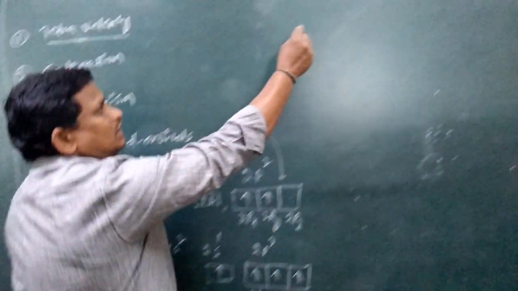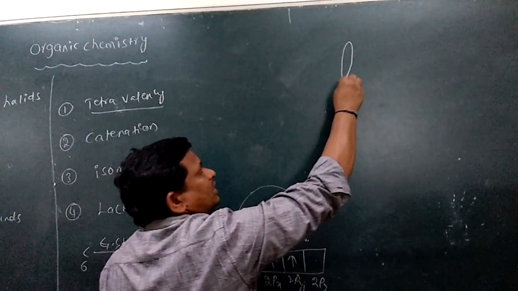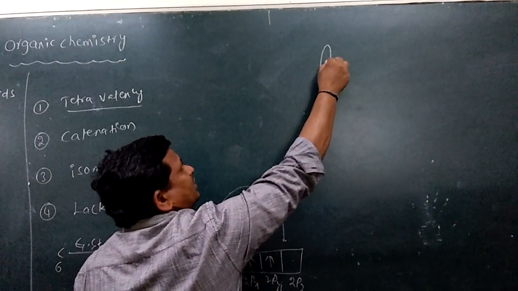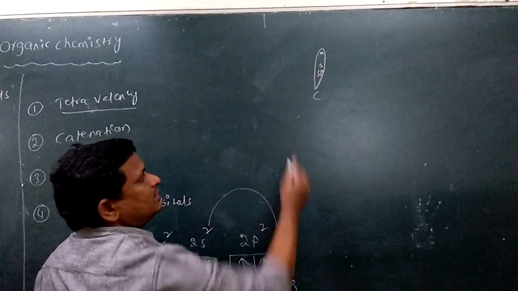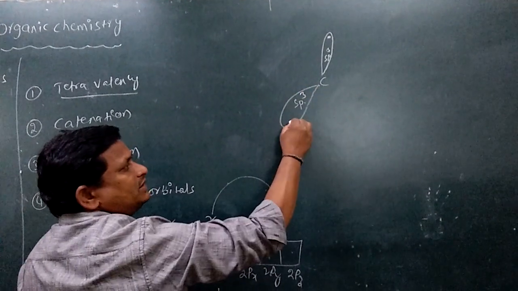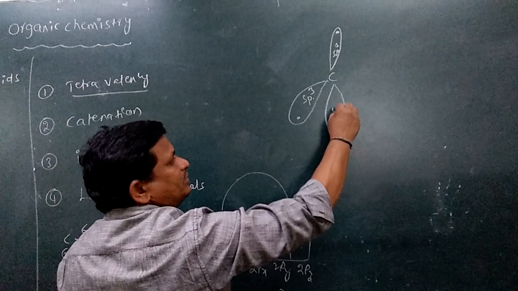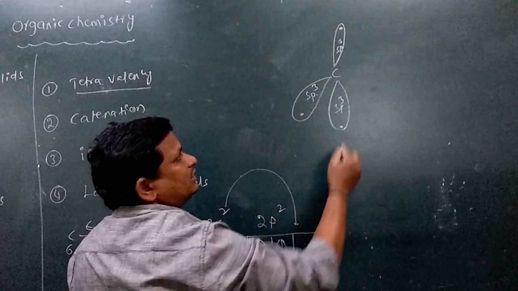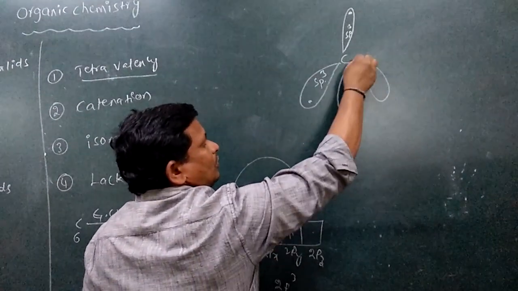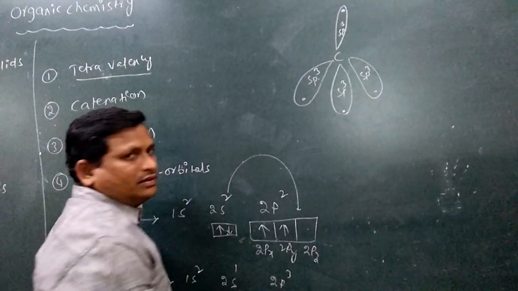The central atom is carbon, with each of the four sp3 hybrid orbitals holding an unpaired electron.